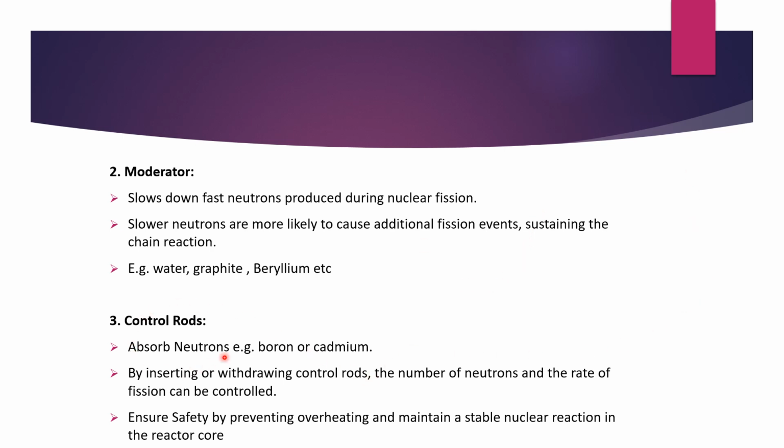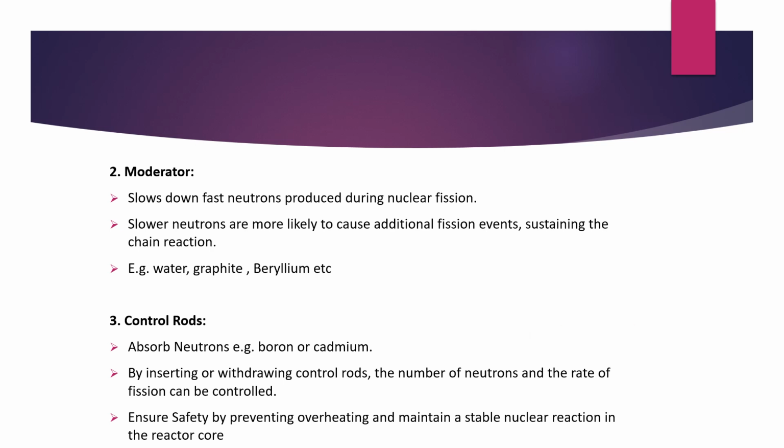If the number of neutrons is not controlled, the chain reaction will become spontaneous and might become explosive. To avoid that, we have the control rod. By inserting or withdrawing the control rods, the number of neutrons, or rather the rate of fission, can be controlled, which is very important. By doing this, we also ensure safety and maintain the temperature in the reactor core.